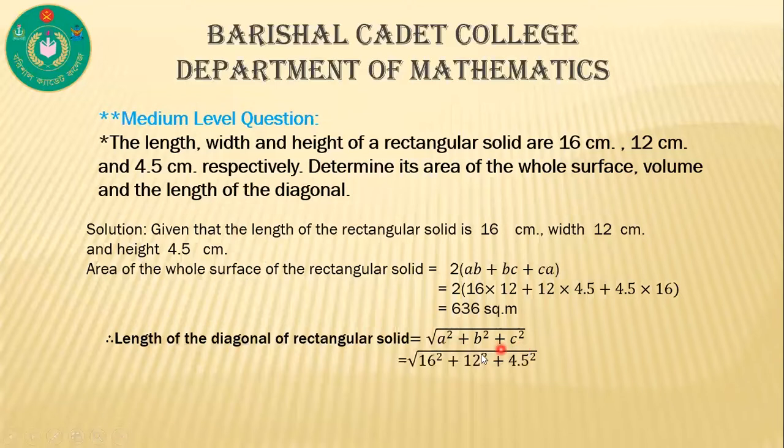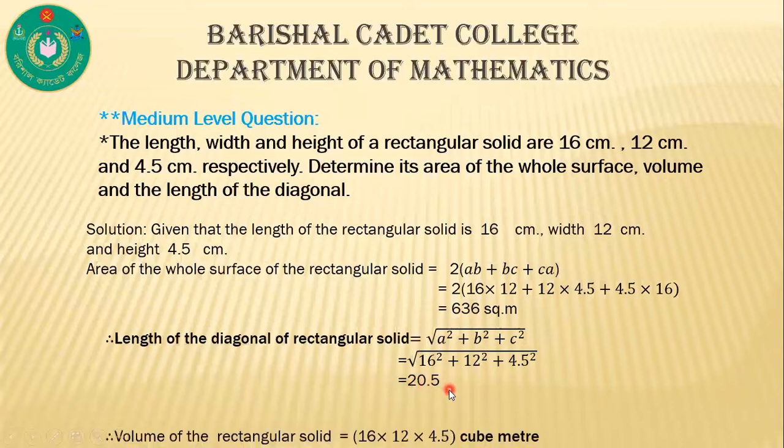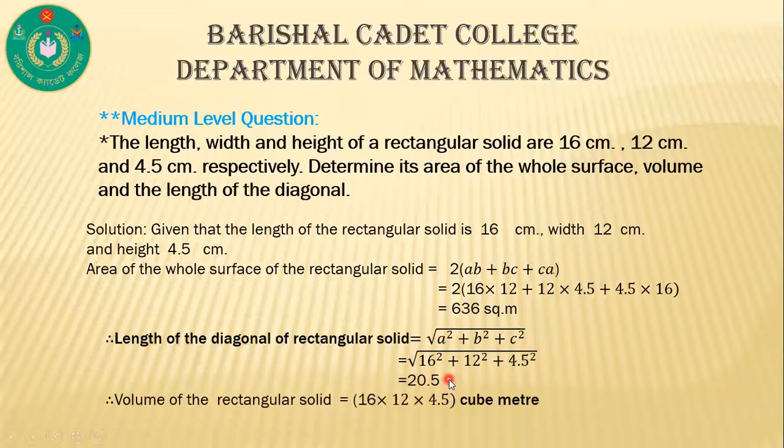Now putting the values, we can write 12.5 centimeter. And volume: we know the volume of a rectangular solid is equal to ABC, that means length into breadth into height. Here length 16, breadth 12, and height 4.5, in cubic centimeter.